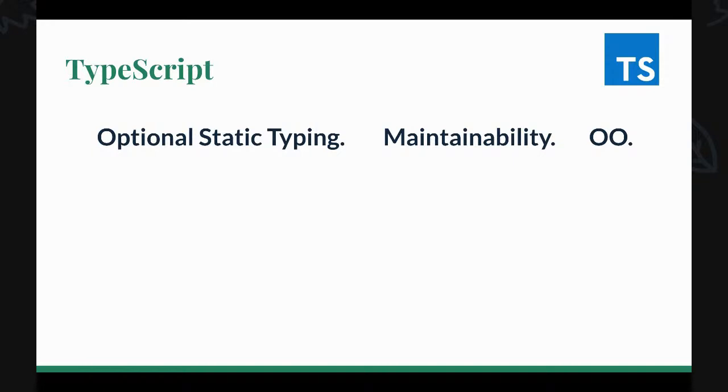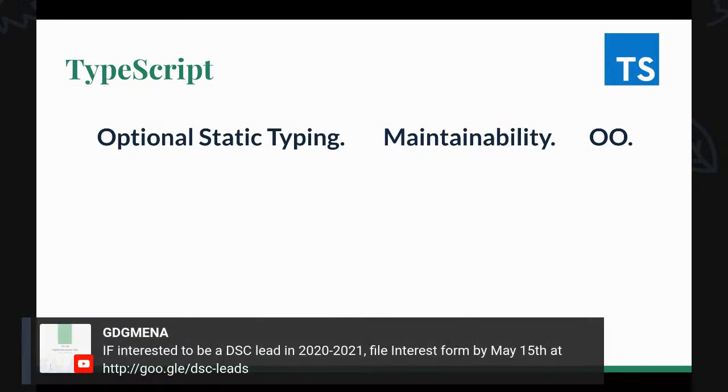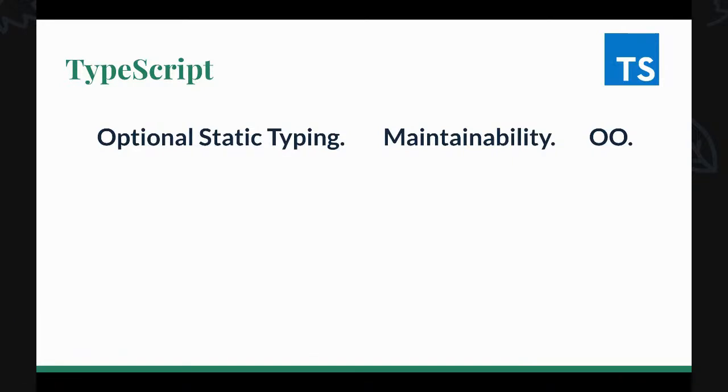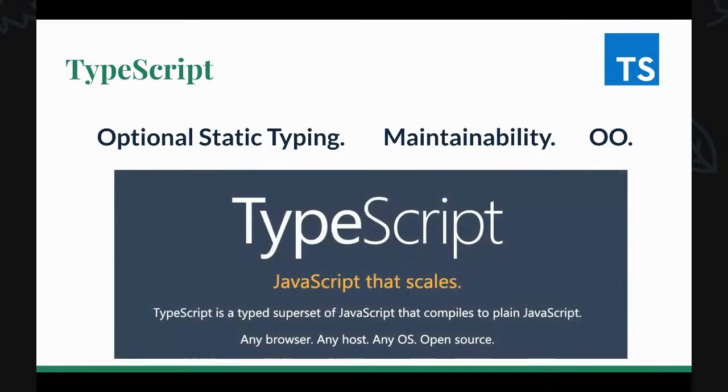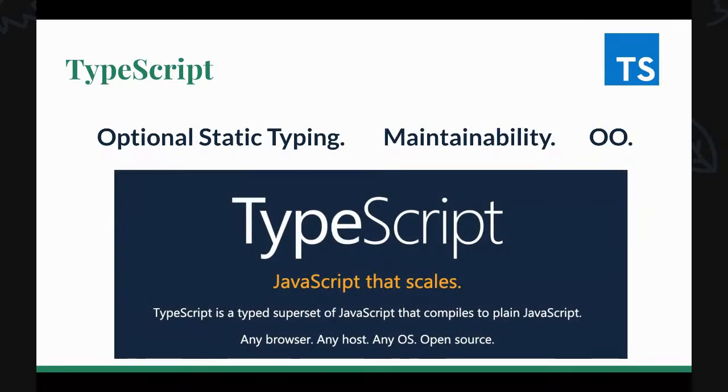They also have code discoverability, refactoring. It helps with code navigation, bug prevention, and it's built on object oriented, which means that you can have classes, you can define an interface for a type. So just to put it, this is how the TypeScript website defines itself.